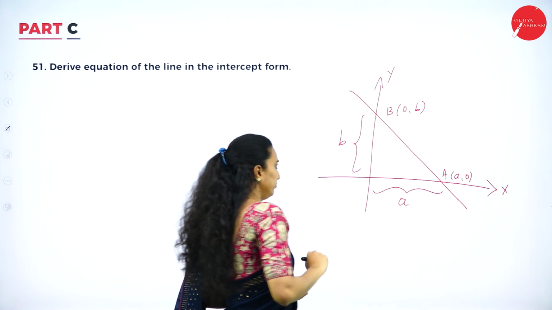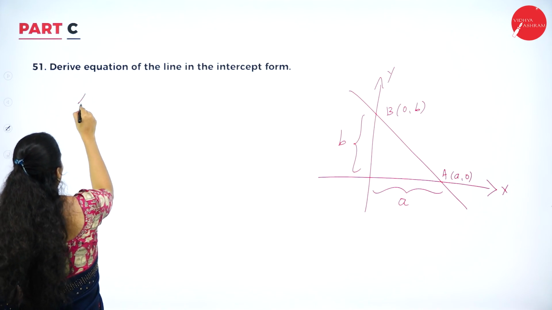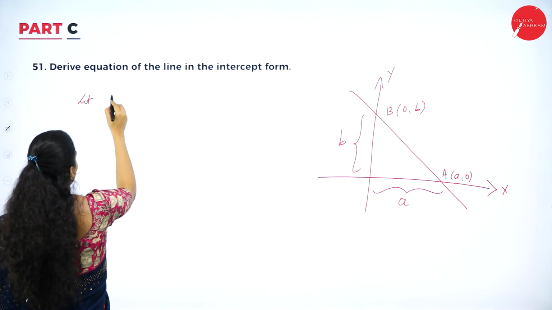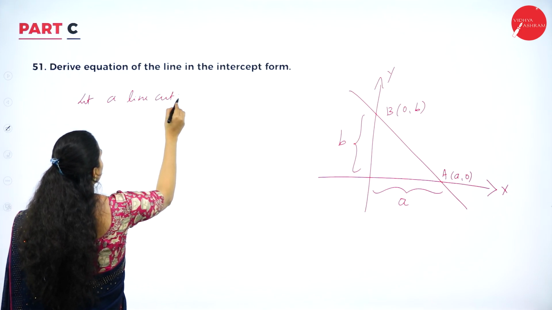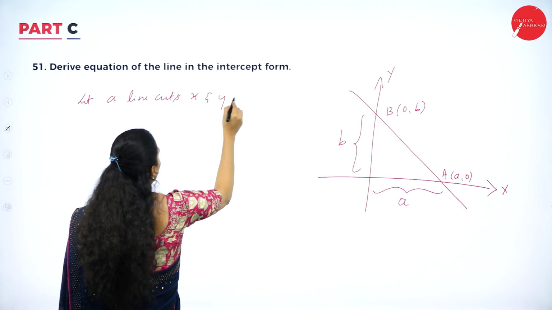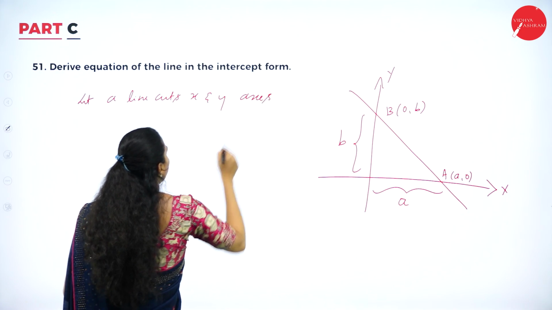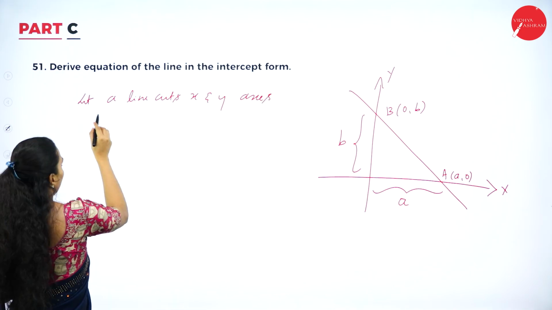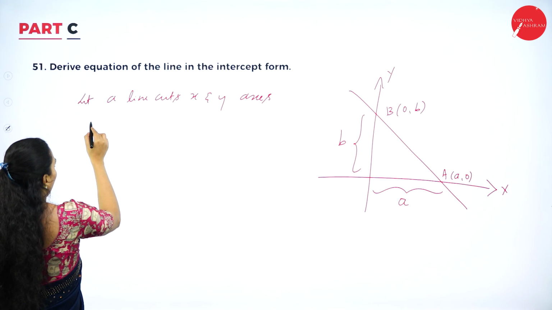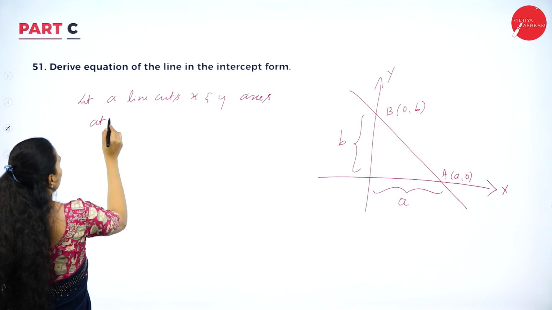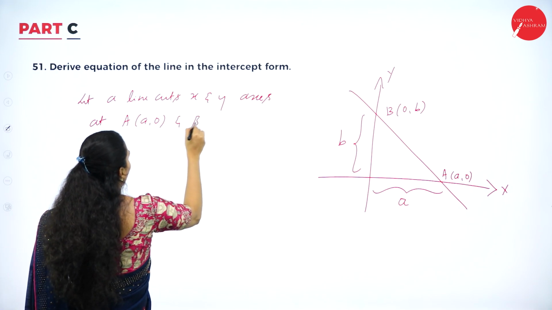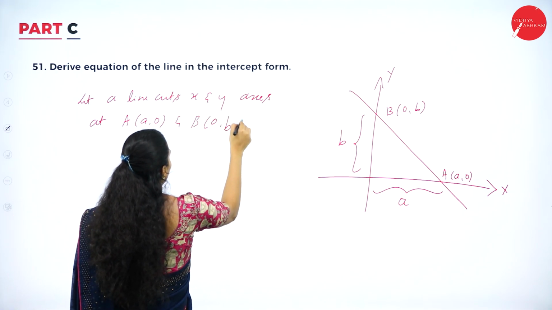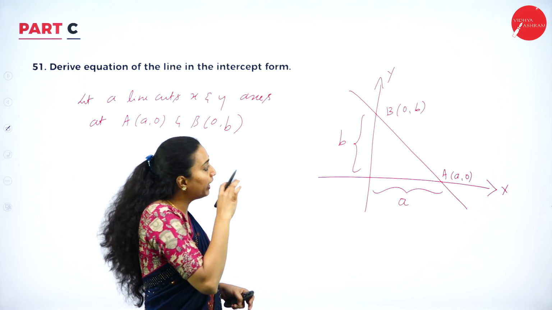Let a line cut the x and y axes at A(a, 0) and B(0, b). Got it. Now by the two-point form.